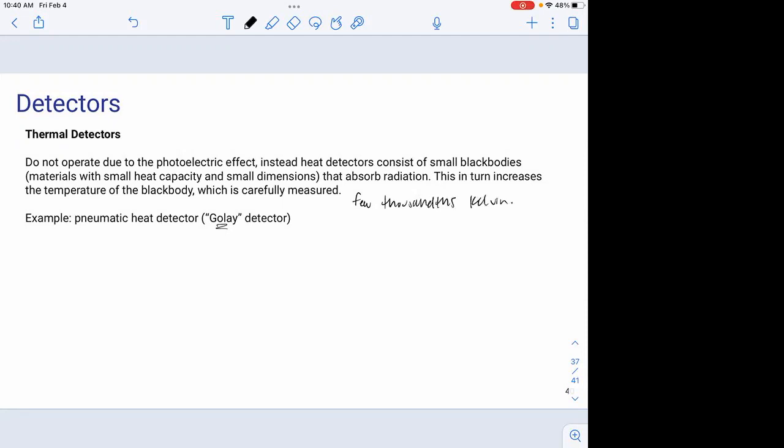It's small. All right, so this particular detector that we're going to talk about is actually a pneumatic heat detector. So let's look at what it actually looks like. So I have a transmissive window. This is where my light will shine, okay? Attached to it, right, it encloses a gas-filled chamber.